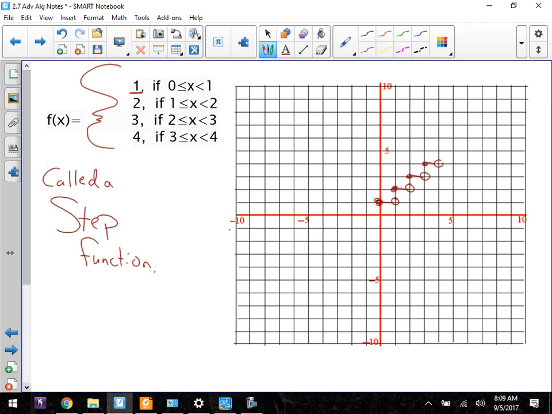It's a step function. It's just walking up the stairs. Okay. These actually look really, really weird. They're the easiest ones to do. It's called a step function.